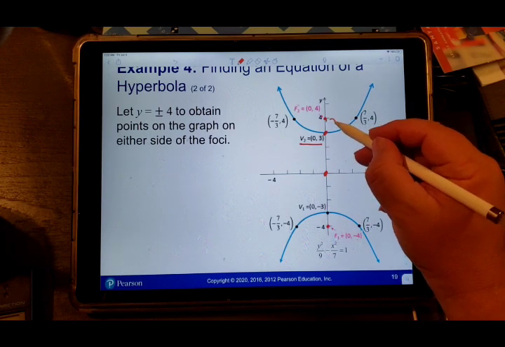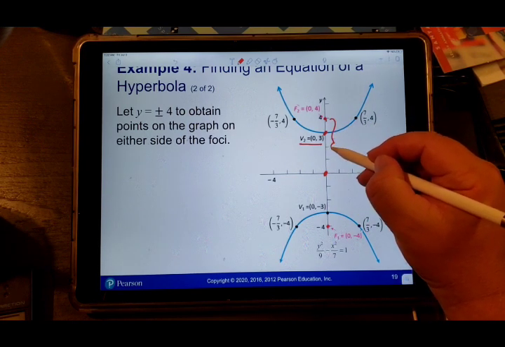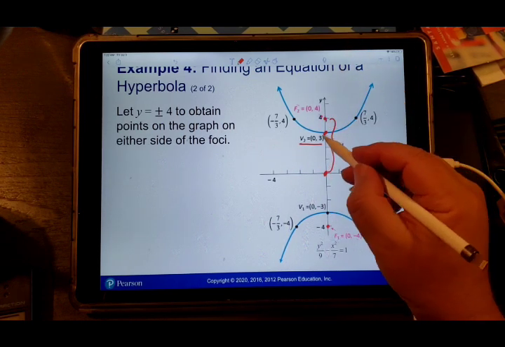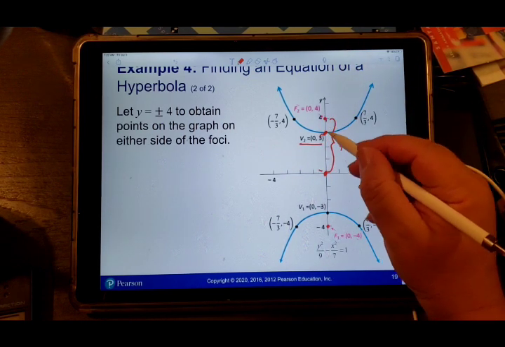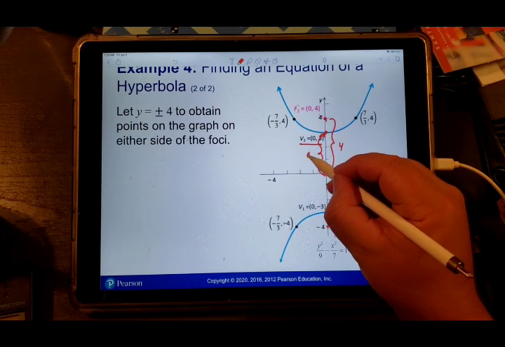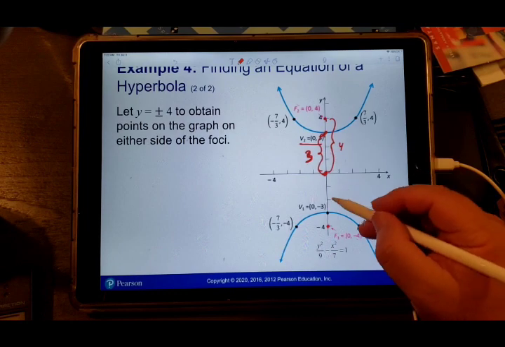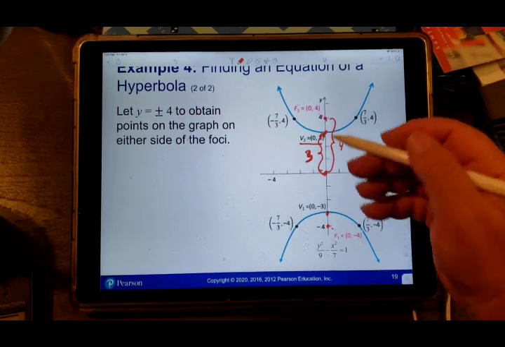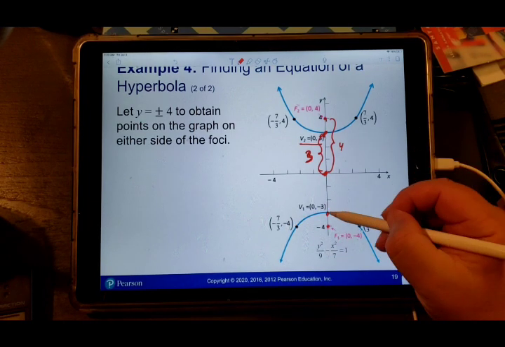I know that C, the length, is 4 just by looking at it. And A, the length, is 3. So if that's true, I pick up this other vertex just by kind of flipping this through the center.